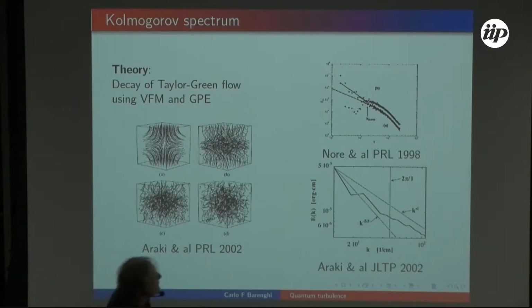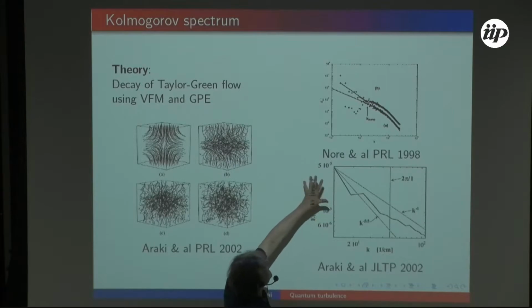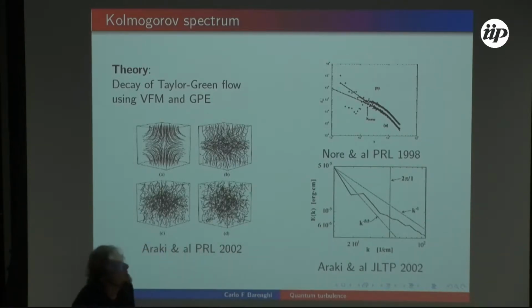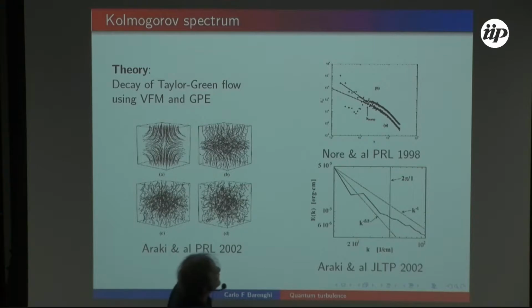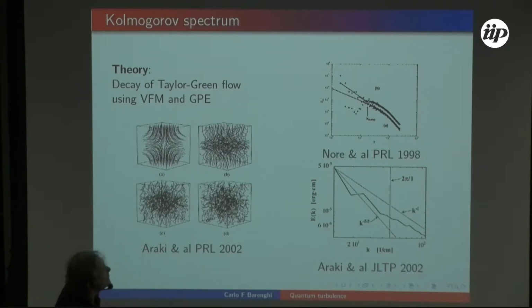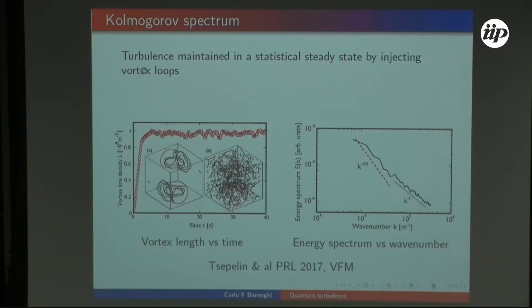So the two models agree. These are not particularly convincing, but they were the first. Okay? So I think these two papers are remarkable. So you see the spectra which are consistent with the Kolmogorov law, using both models, consistently with experiments, and everybody then essentially followed this.